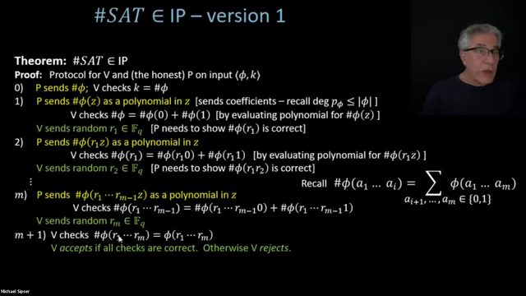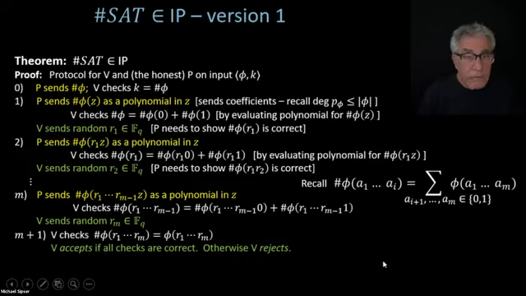If the polynomial that the prover sent in the m stage is the wrong polynomial, then when you evaluate it, you're going to get the wrong value, probably. And so then that wrong value is not going to match the correct value, which you can read off yourself by reading the formula. Okay, I think we need to move on to the next slide.